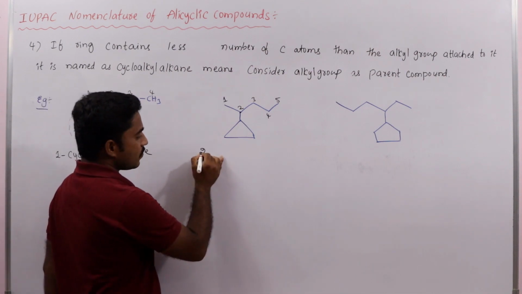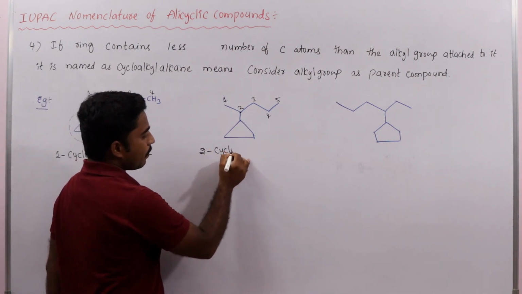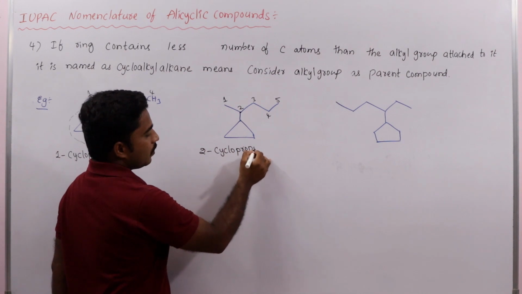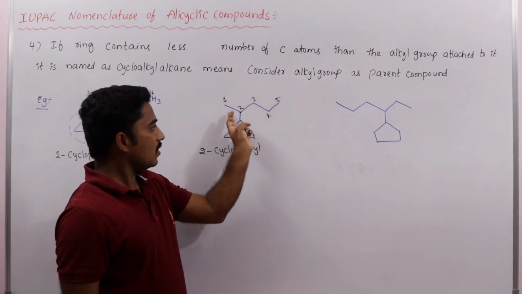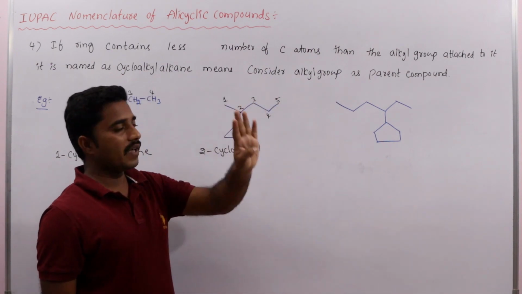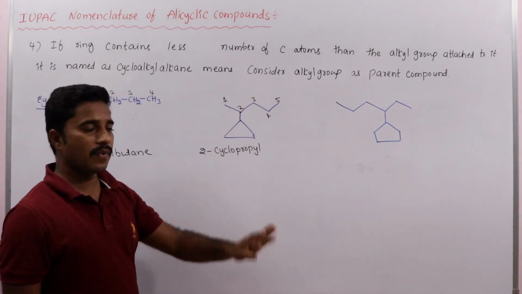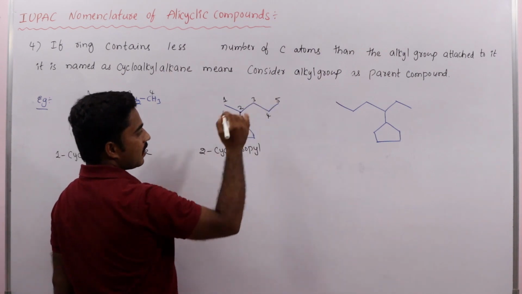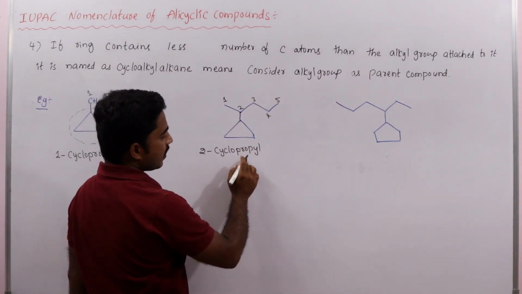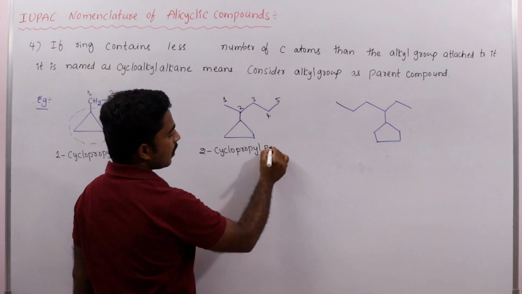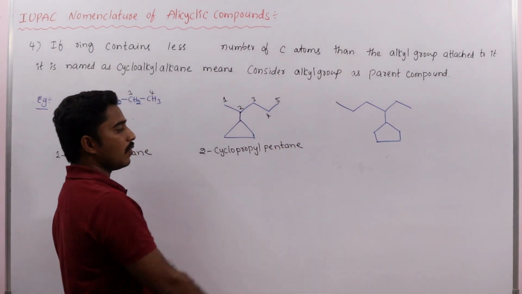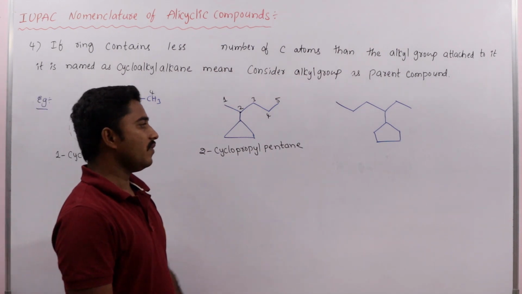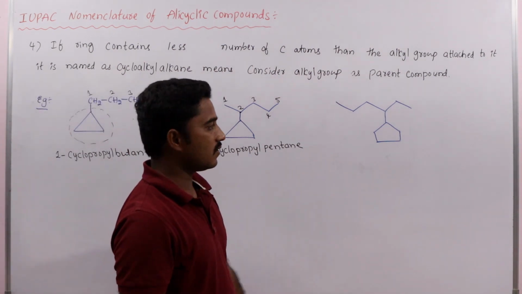That's why we write the substituent name 2-cyclopropyl. Parent chain is which one? The side chain. This alkyl group is the parent chain because it contains more carbons, with 5 carbons. 2-cyclopropyl pentane. 2-cyclopropyl pentane.